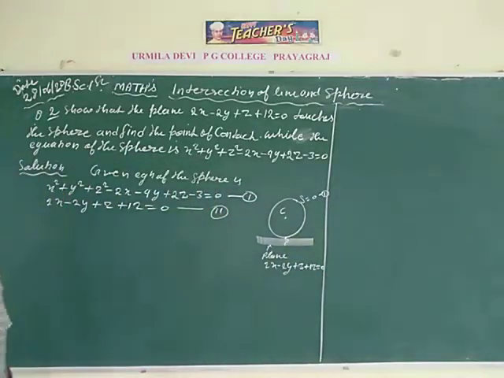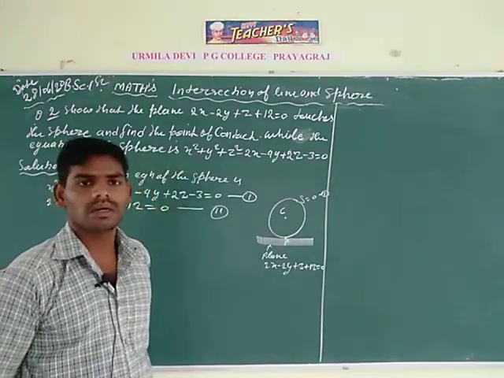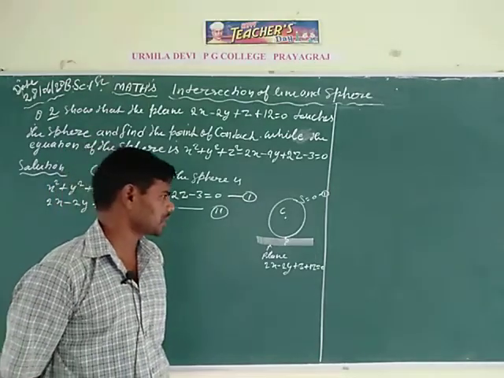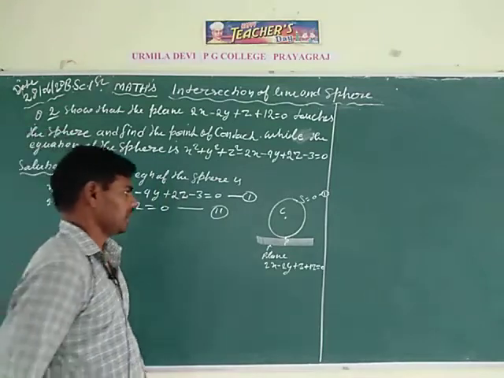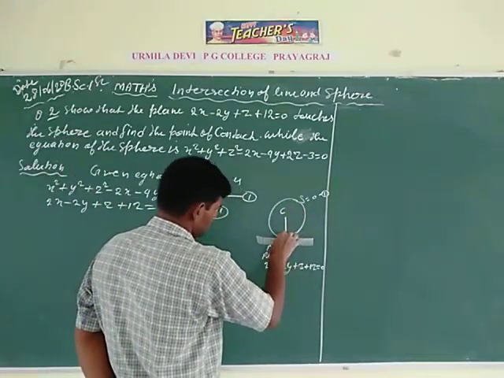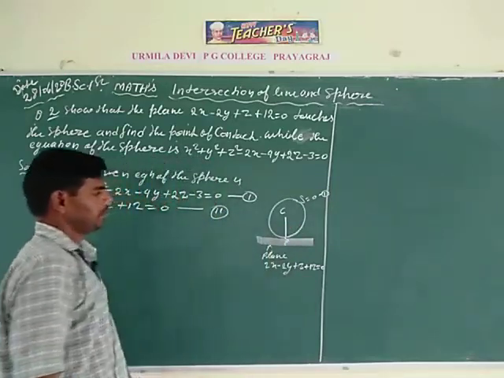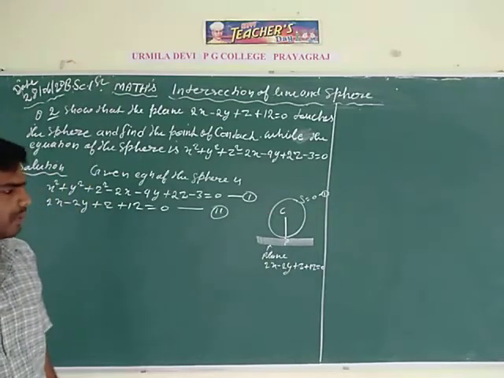If any sphere touches the plane, then from the figure it is clear that the distance from the center to the plane, meaning the perpendicular distance from the center to the plane, must be equal to the radius of the sphere. So here from the figure, if we draw the perpendicular and the point is capital P, then CP is the radius of the sphere, as is clear from the figure.